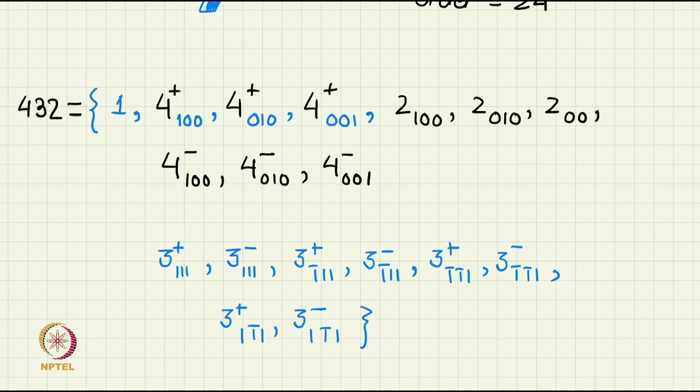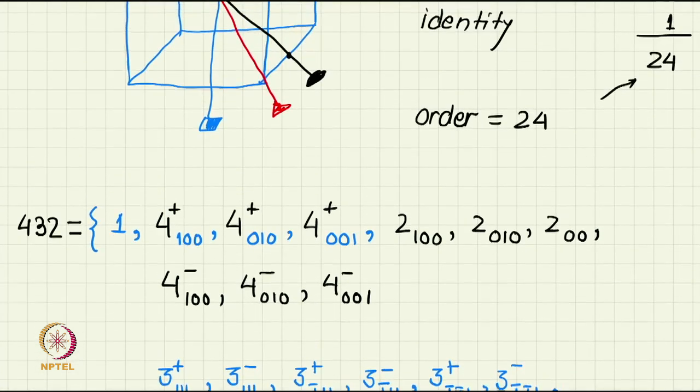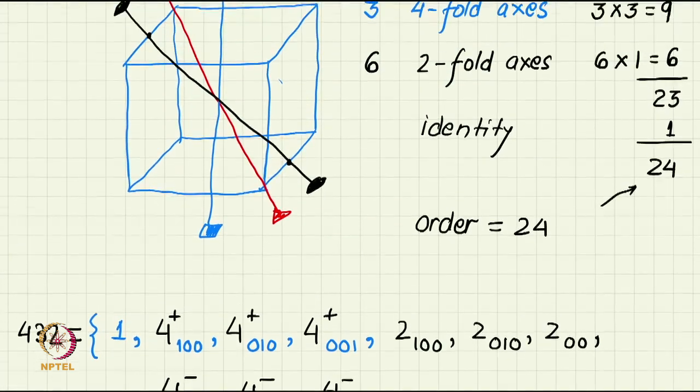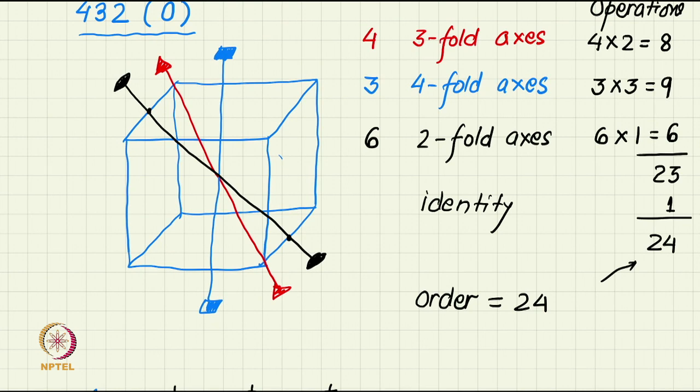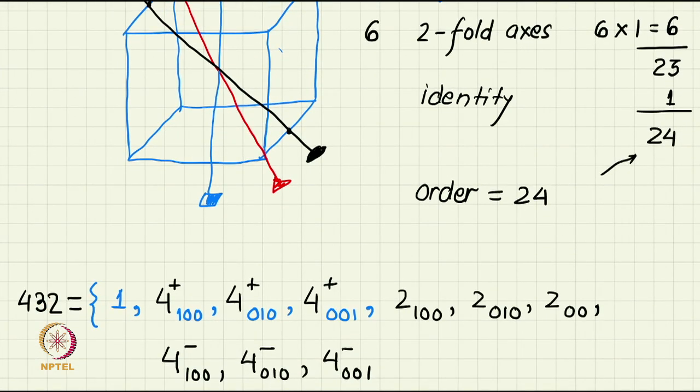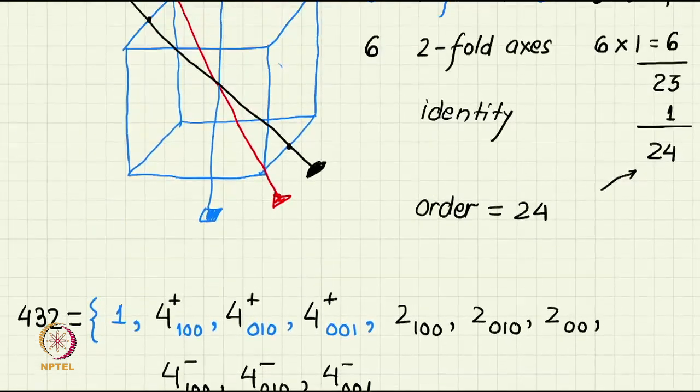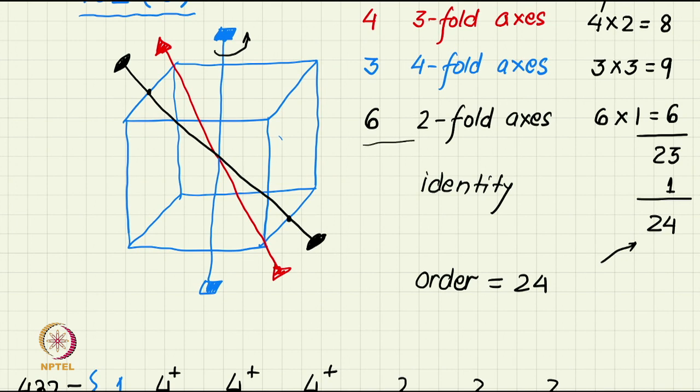So, we have listed 4-fold, 2-fold, 2-fold operation. See, if the 4-fold axis is there, the axis involves 2-fold rotations also. So, in operation they will be coming, but we have distinct 2 folds along the cube, along these edges, which are parallel to the face diagonal of the cube.